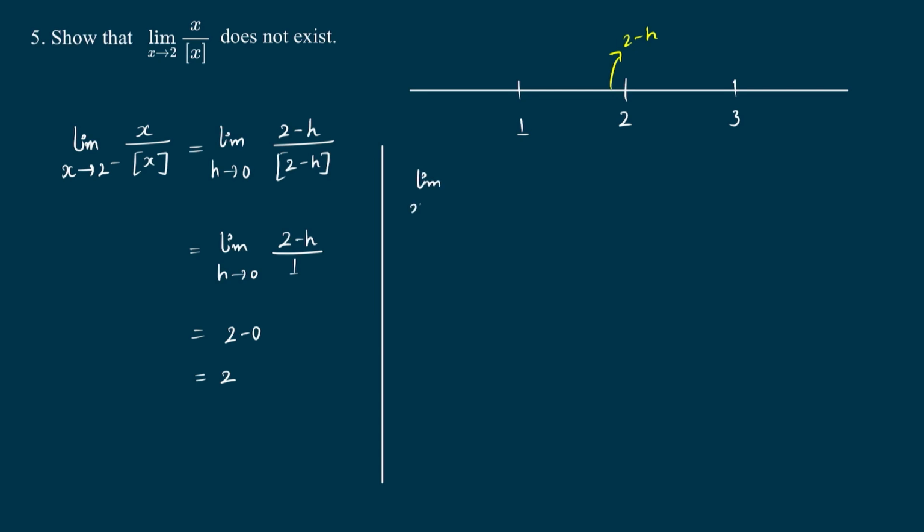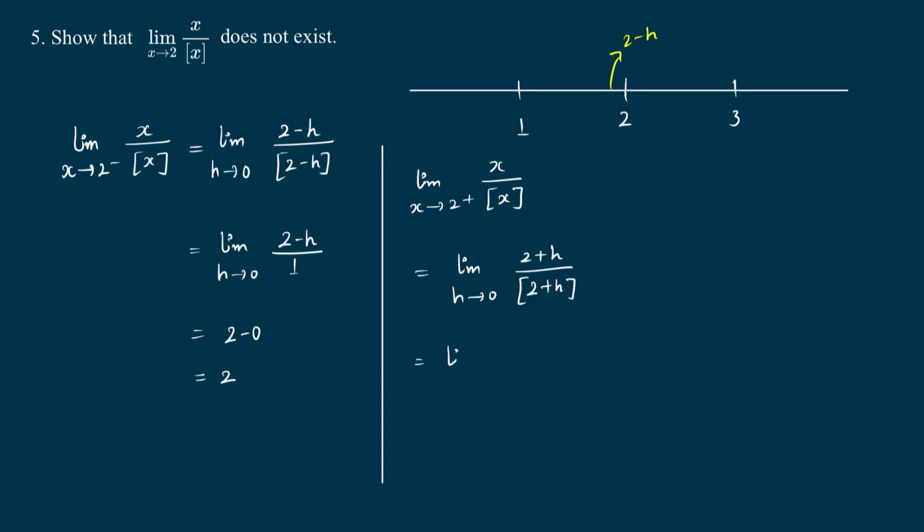Limit x tends to 2 plus of x over floor of x will be equal to limit h tends to 0 of 2 plus h over 2 plus h.